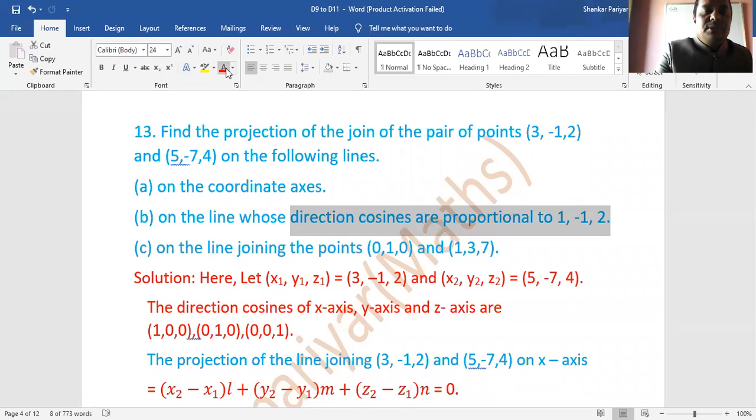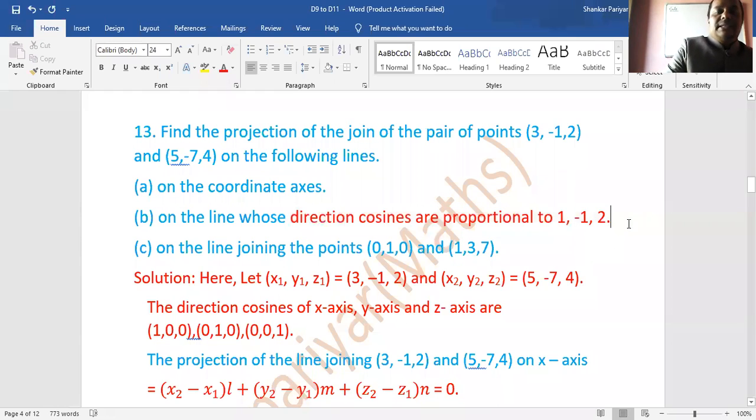Directional cosines proportional to means these are the directional ratios. If the directional cosines are given, then instead of L it is this, instead of M it is this, instead of N it is this. So directional cosines proportional to means these are the directional ratios. You need to understand this.